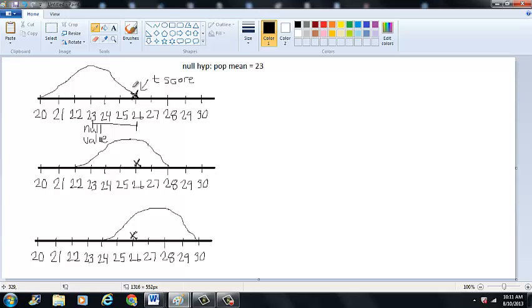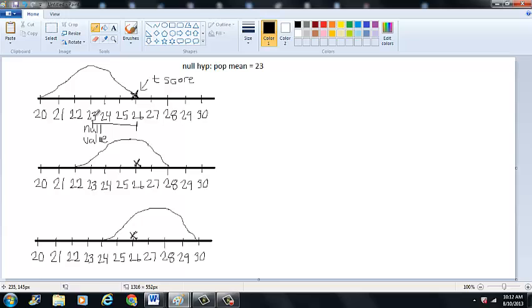If it reaches the critical value, it means that this outcome, this mean of 26, is so unlikely in the situation where the null is true that we can reject the idea that this situation right here is true, meaning we can reject that the population mean equals 23, and we can decide that the population mean actually equals a different value.